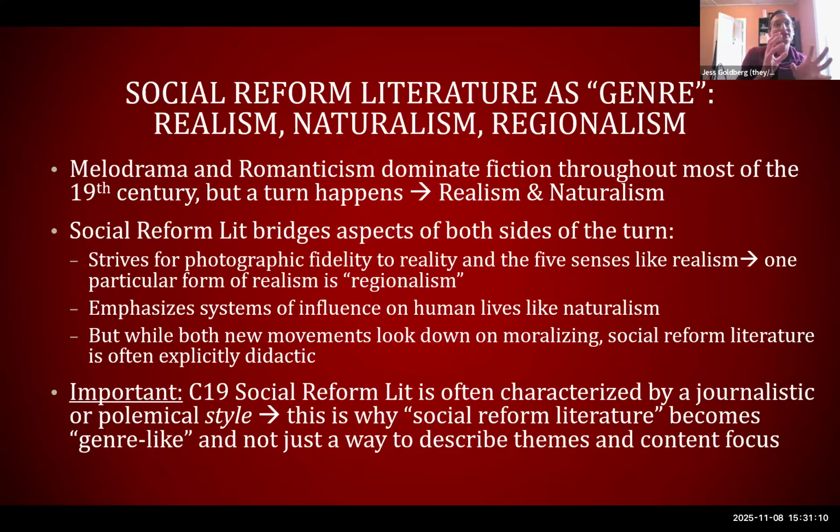Because they are movements, they take on their full strength in American literature post-Civil War. The Civil War, in a way that I would explain in my American Lit 2 class, acts as this kind of historical break from the precedents of this first bullet point, melodrama and romanticism, which dominate fiction in a US context throughout most of the 19th century.